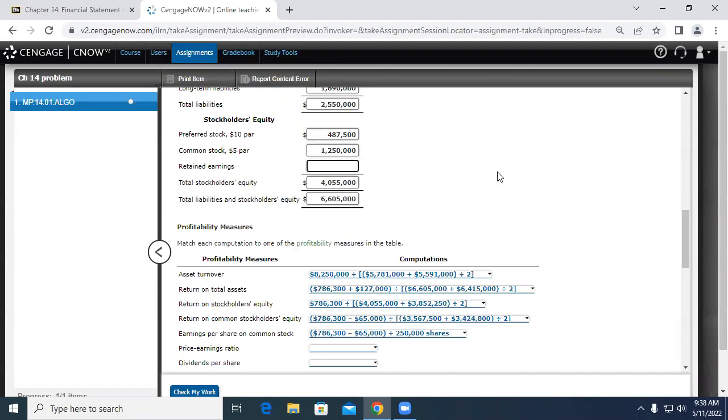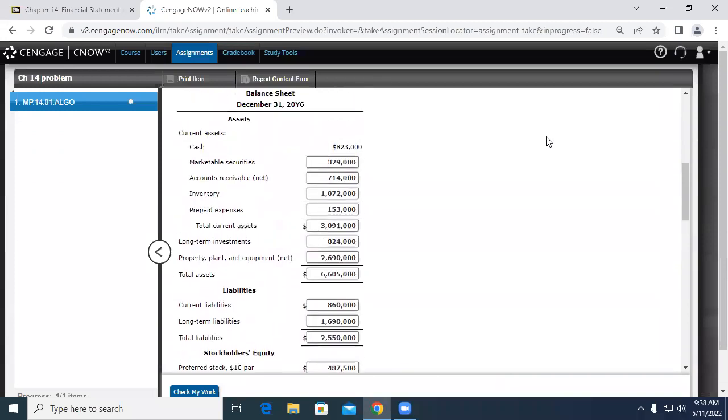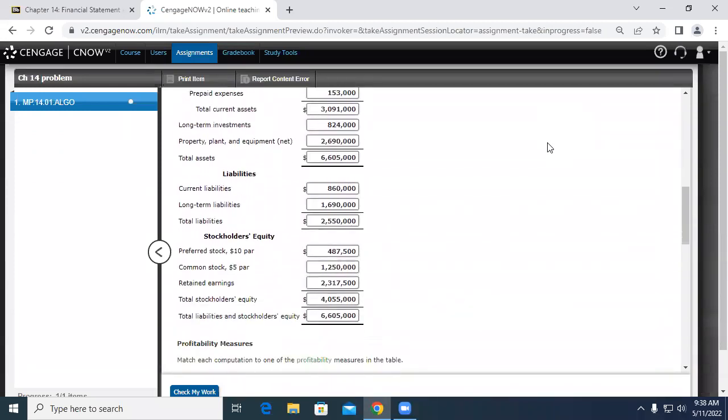We can then find our retained earnings because we know the total stockholders' equity is $4,055,000. We know how much of that is for preferred stock. We know how much of that is for common stock. And so whatever's left must be the retained earnings. So we have now finished the balance sheet.